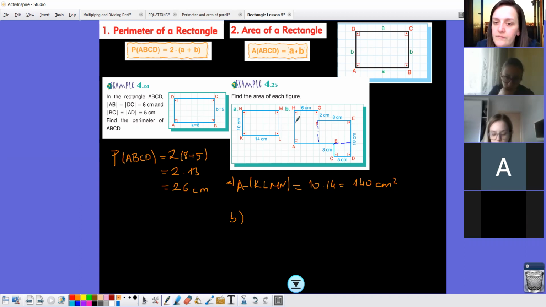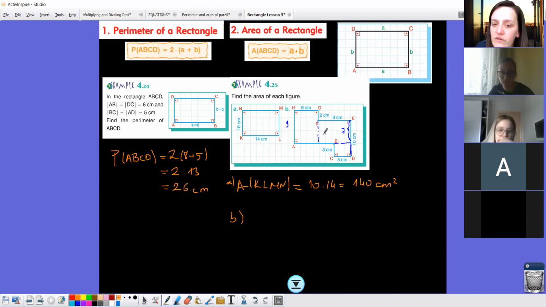It will be 2 plus 10 minus 3. From here, we have 3 and 5. DE is 10, so this small part is 3, so this part here will be 7. Also, from here till here it will be 7, and we have 2 here, so this part will be 9.